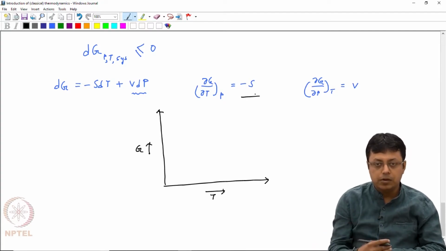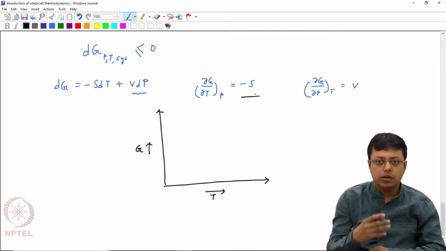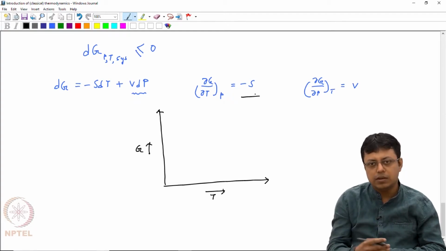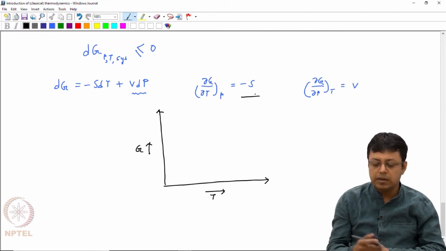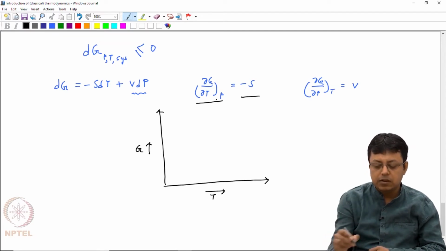Now the absolute entropy, according to the third law of thermodynamics, which we have not discussed so far, could have a residual entropy in the system, but entropy is always zero or positive. Near zero temperature, ideally the entropy is 0, but you will always have a residual entropy. So entropy is always positive, in the sense that the slope of this curve, G versus T at constant pressure, will be negative.